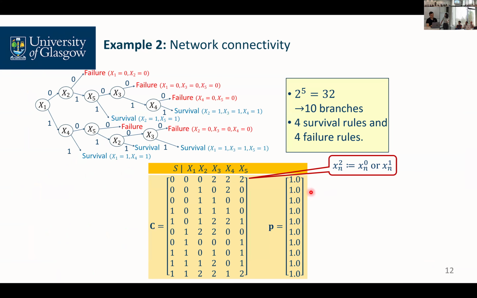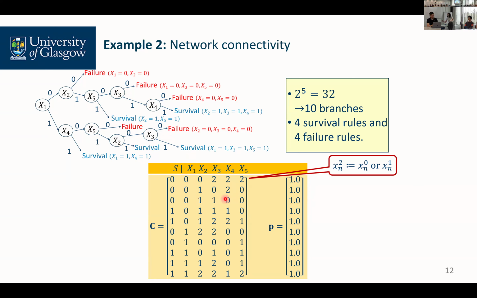If we want to construct this CPM, then for instance, in this case, if x1 and x2 fail together, then the system fails. And if we look at the second one, then if x1 takes a value of 0 and x2 takes a value of 1, and x5 takes a value of 0, and x3 takes a value of 0, then S fails.